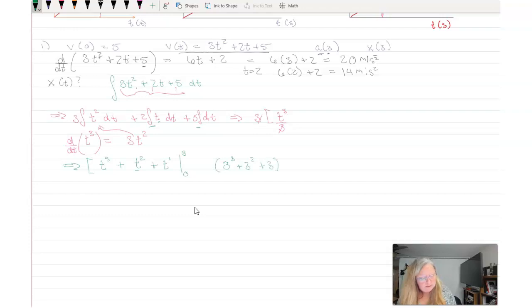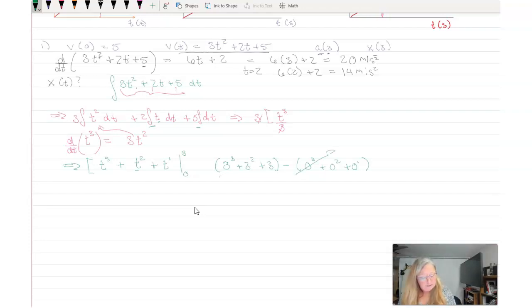I just want to be explicit about this: minus the 0 goes into each of these. So I'll have 0 cubed plus 0 squared plus 0. Not necessary. I know that that equals 0, but I just wanted to show you why we tend to just ignore that, because it's just 0.